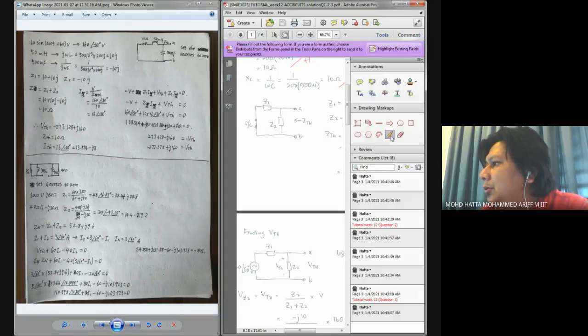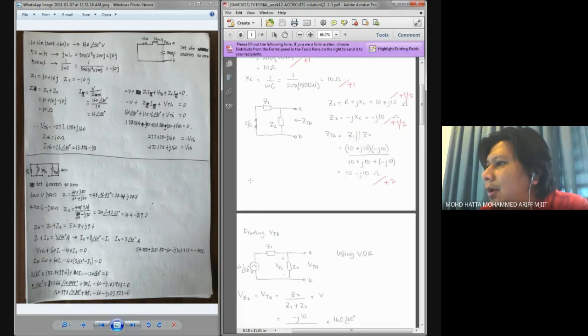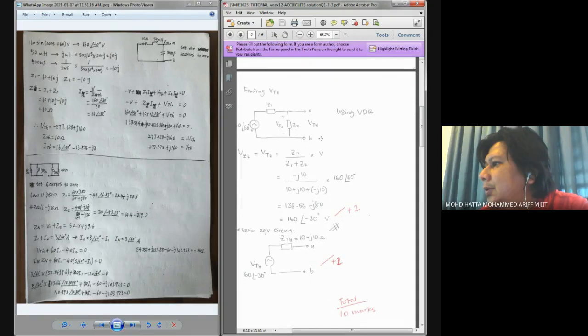If you try to use Kirchhoff voltage law, mesh analysis, you should have over here negative V, okay, plus I times Z1, okay, plus VTH, because actually VTH is the same as the voltage we look at over here.